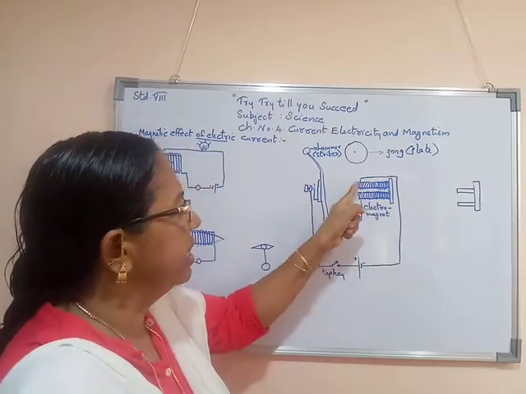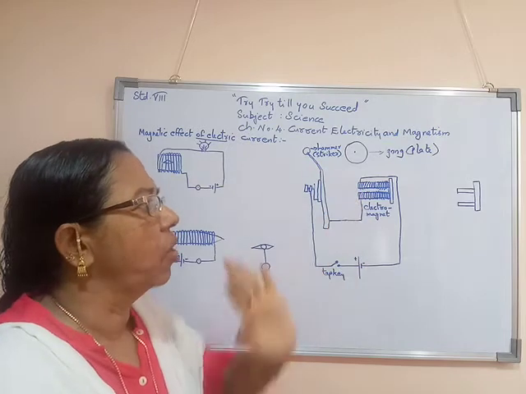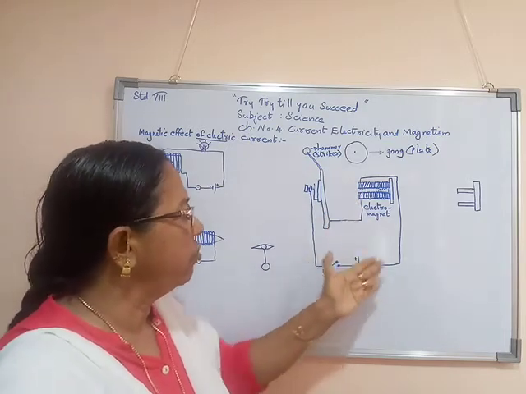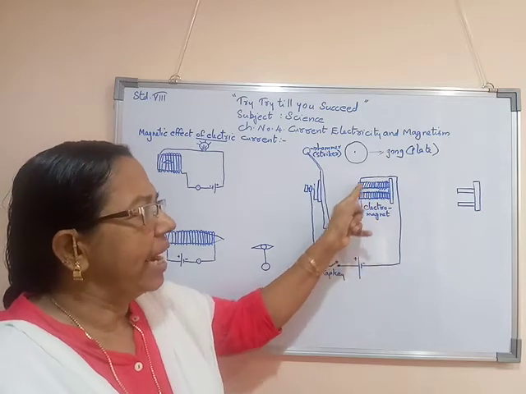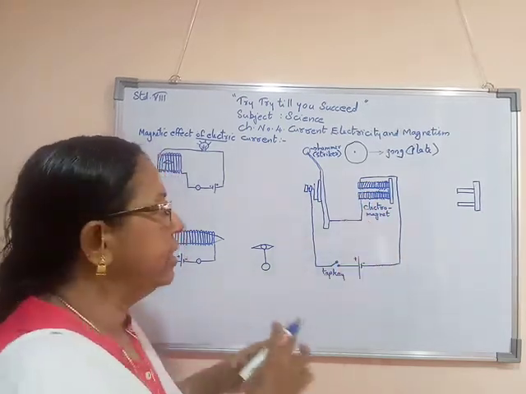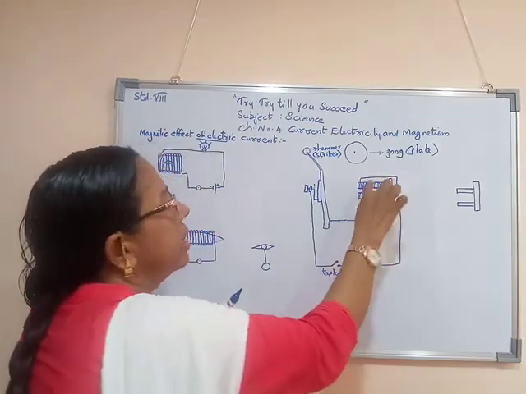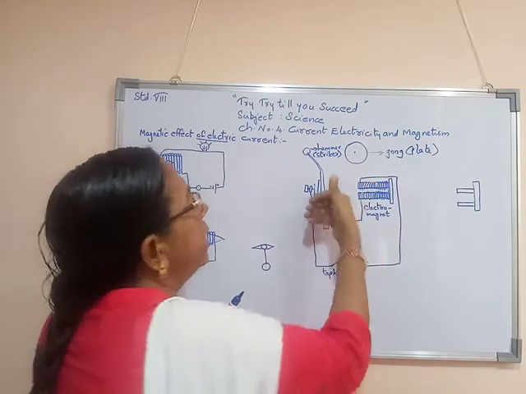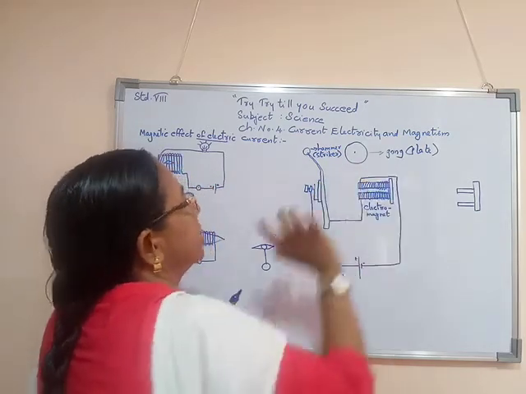Actually this is an iron core, and on that we rolled and kept a copper wire. As current flows through this wire, this iron core becomes an electromagnet. Now it is attracting this iron piece towards it.